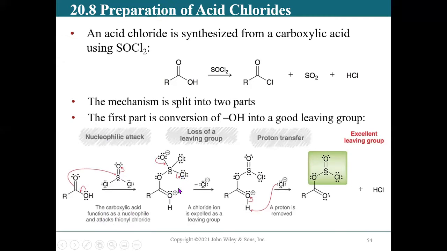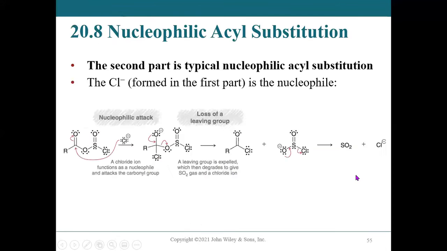And then this leaving group is not the OH yet, so the leaving group is in this part, the chloride. A chloride ion is expelled as the leaving group. Then this chloride can abstract this proton, reform this carbonyl, and this part is a very good leaving group.